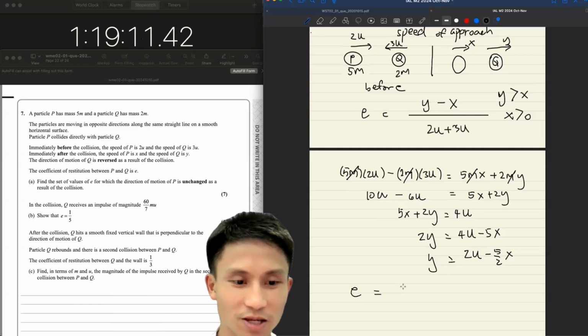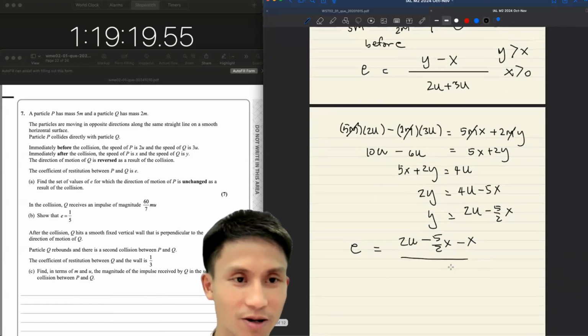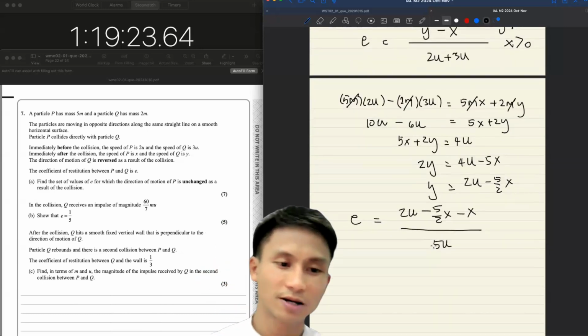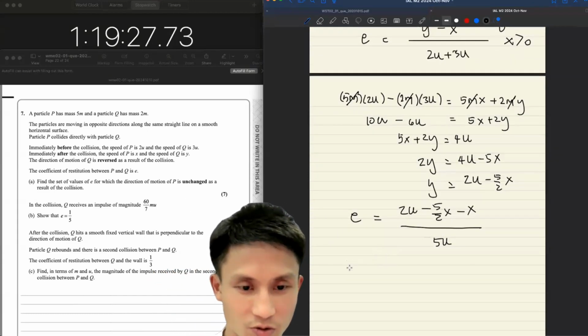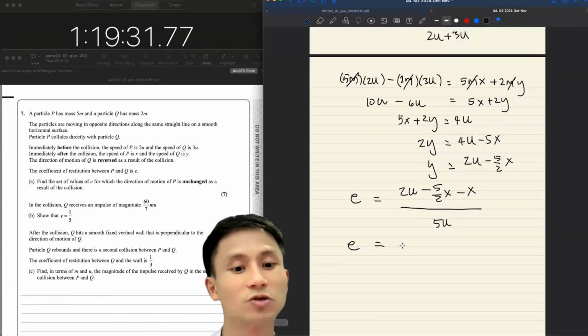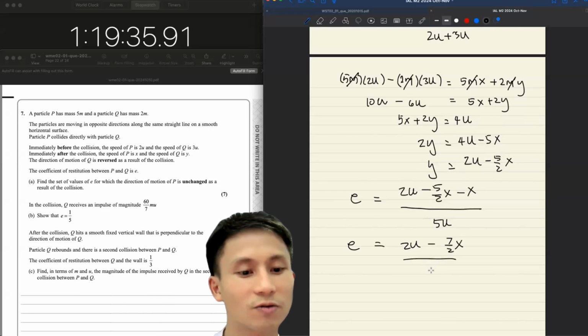So now E is y minus x, with y in terms of u and x, divided by 5u. Simplifying a little bit more, this is 2u minus 7 over 2 x, over 5u.